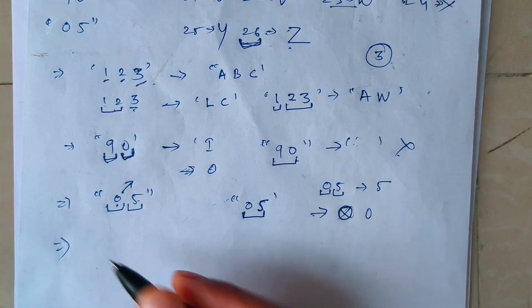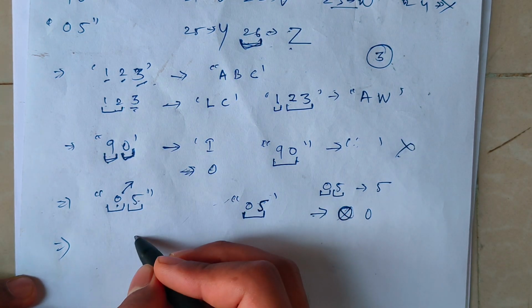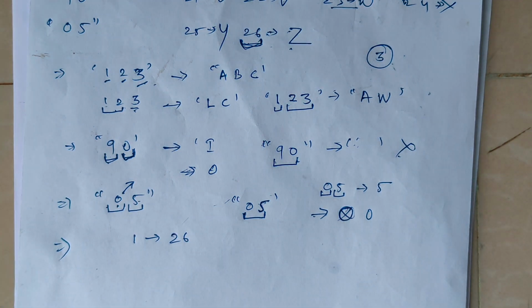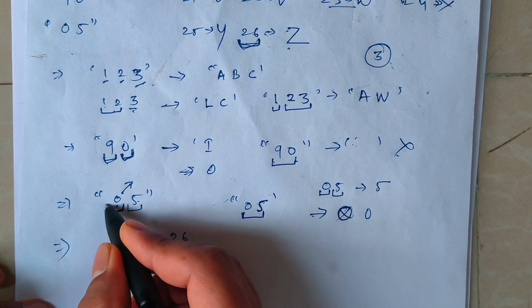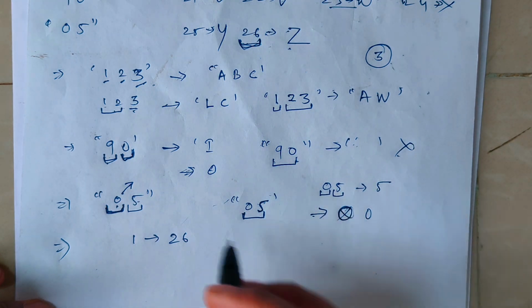So what we have observed here is the digits range from 1 to 26. And if we encounter a 0, then we cannot explore it, we cannot decode it.